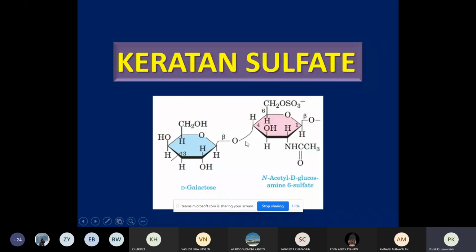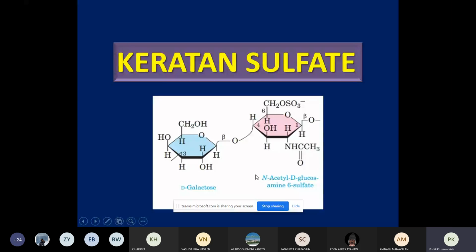Keratan sulfate is peculiar in its structure. You can see here that instead of glucuronic acid or iduronic acid, it has only galactose. So there is no uronic acid in keratan sulfate, and it is a polymer of galactose and N-acetyl glucosamine 6 sulfate with beta 1,4 and beta 1,3 alternate linkages.